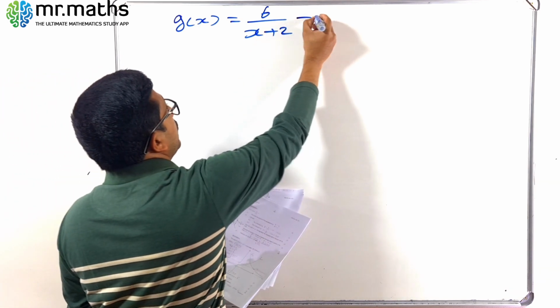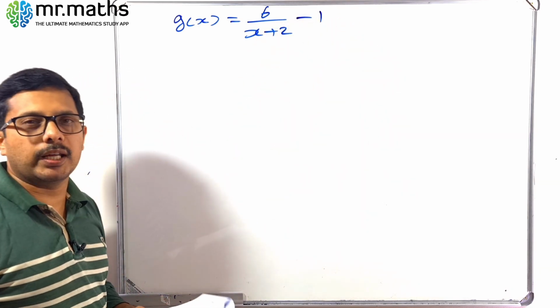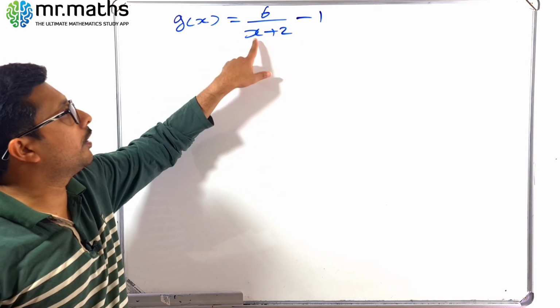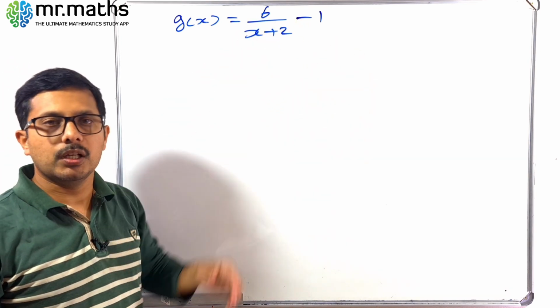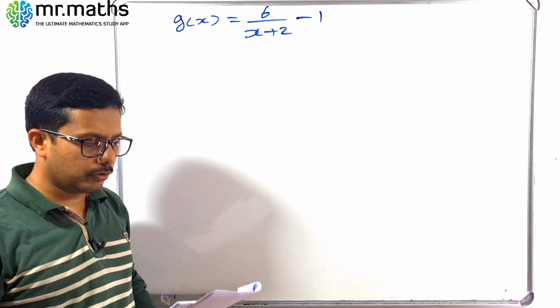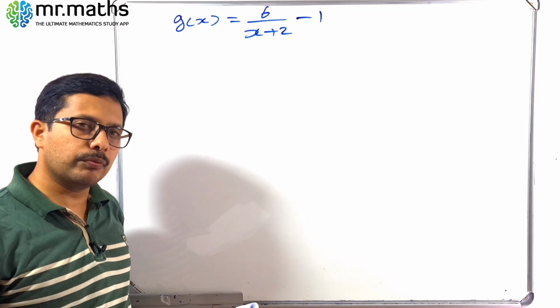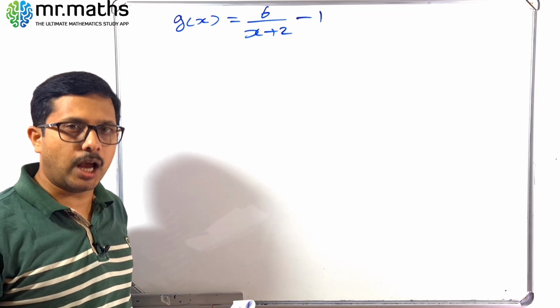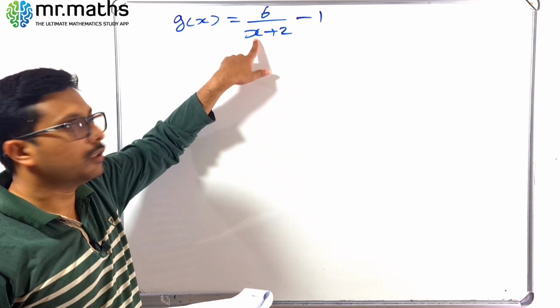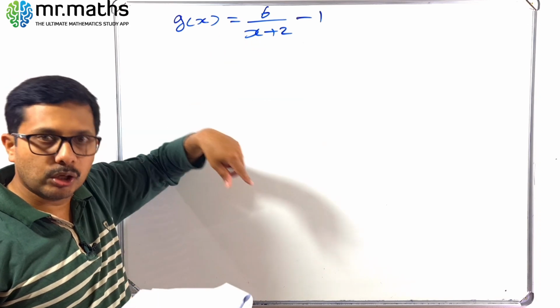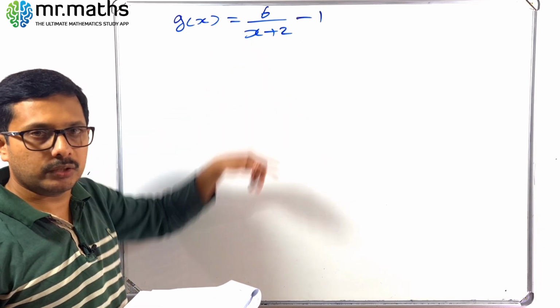Before I go to the first question, what type of function is this? This is a hyperbolic function because the variable x is in the denominator.